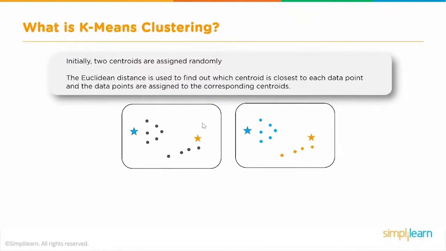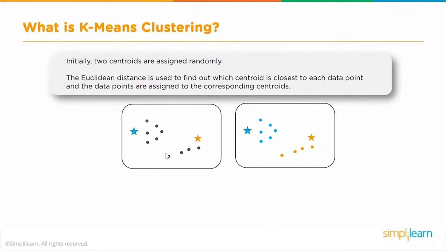The next step is to determine the distance of each of the data points from each of the randomly assigned centroids. For example, we take this point and find the distance from this centroid and the distance from this centroid, and so on and so forth.